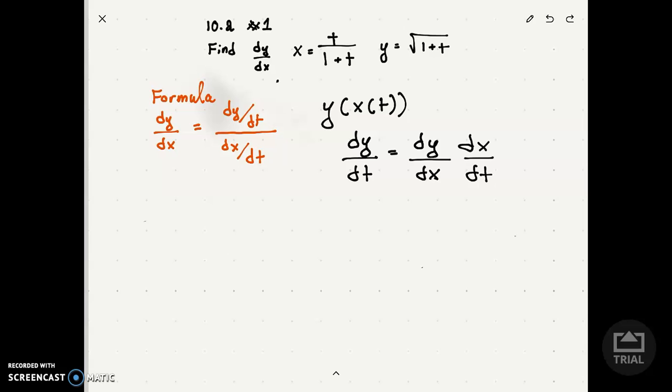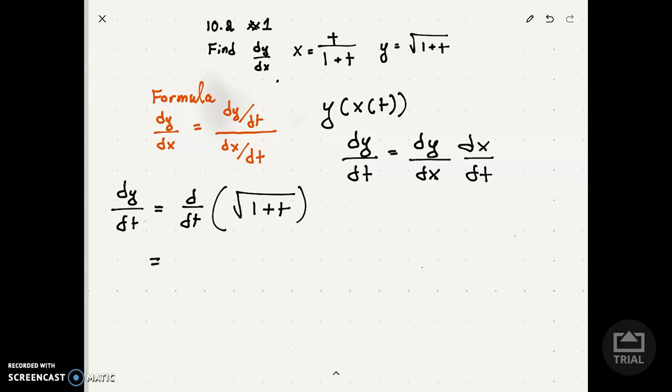But now onto the actual problem. I'm going to start with the numerator in the formula, so this portion, the dy/dt, and I'm just going to compute that. So we're taking the derivative with respect to t of this function. Now to do that, all we really need to do is power rule.